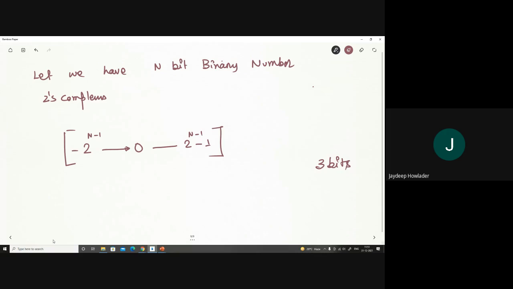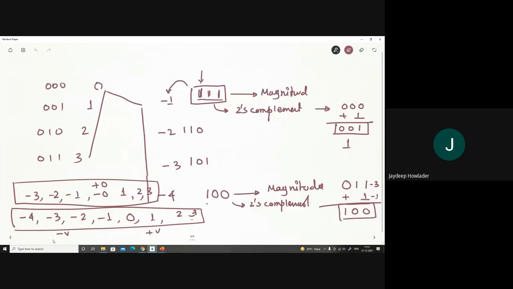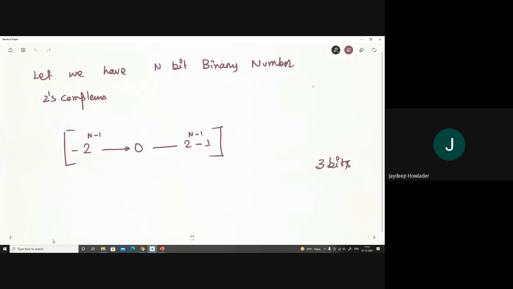In my previous slide, the values we are representing are -4 to 3. So it looks like -2 to the power 2, to 0, and then 2 to the power 2 minus 1.